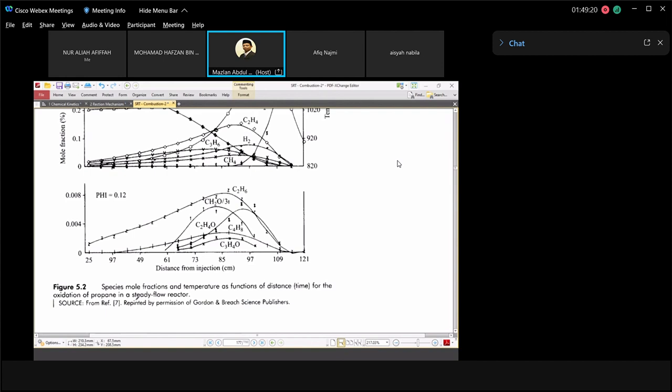Steady flow, what does it mean? If you have a reactor like this, steady flow means reactant and product flow in and out steadily in an open system. It's called a steady flow reactor. A well-stirred reactor is a confined reactor, which is a closed system. Okay.